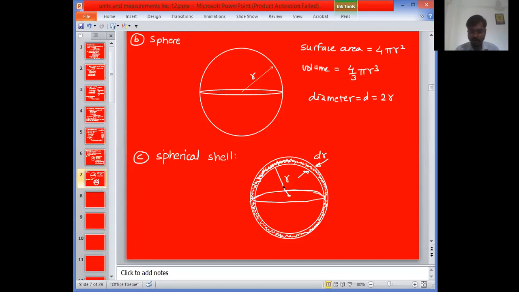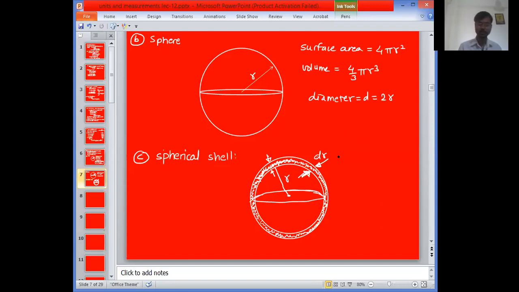So if this radius is equal to r, this measurement will be written as dr. For time being, let us accept that the thickness of the spherical shell is equal to dr. Now again, let us try to write the surface area.